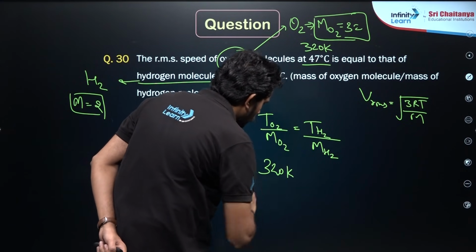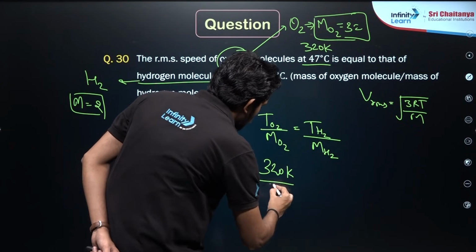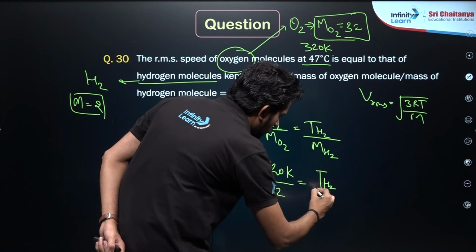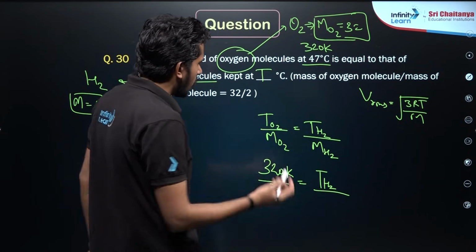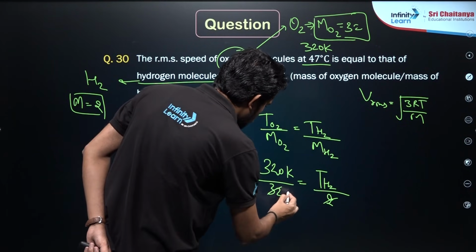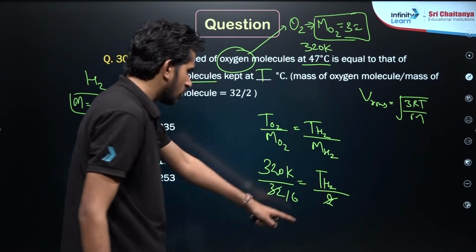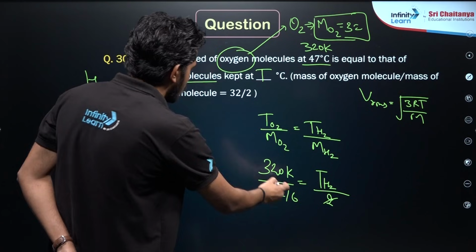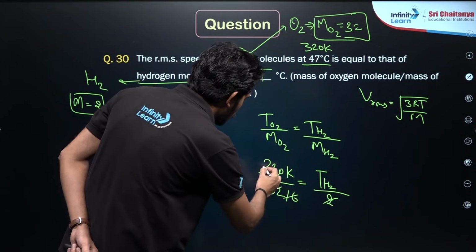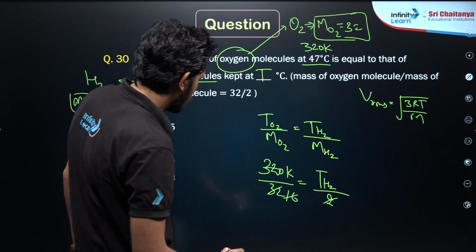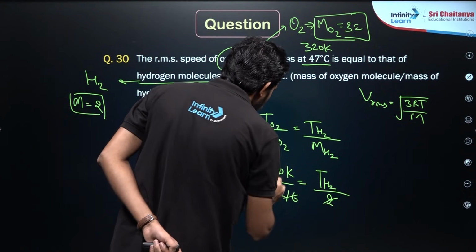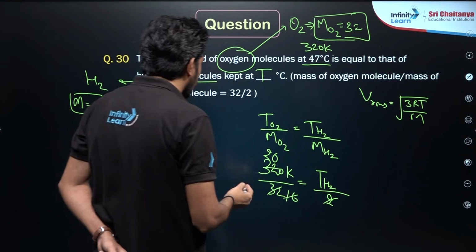So TO2 is given, that is 320 Kelvin. This is 32, TH2 we had to find, and MH2 is given 2. So 16, right? So here we have 320 upon 16, that is 20 Kelvin.